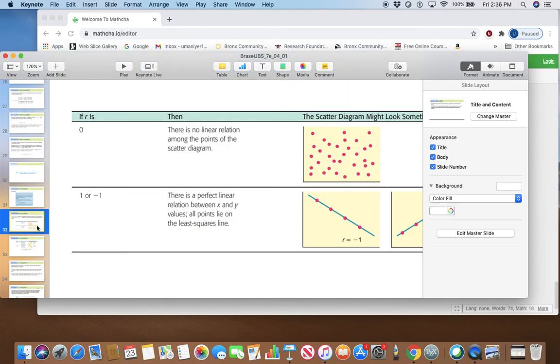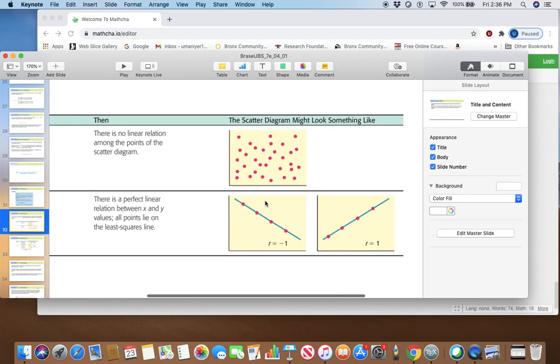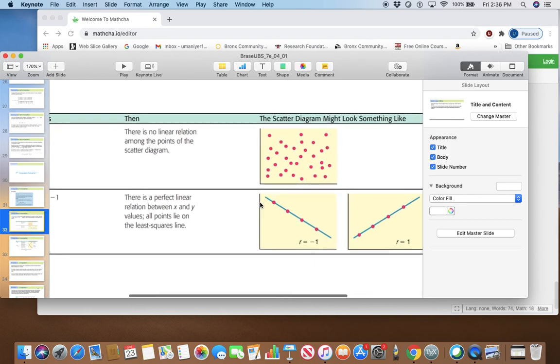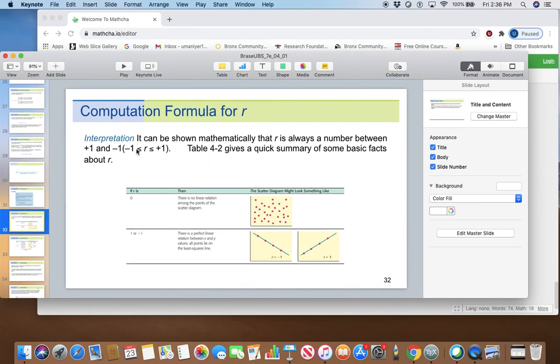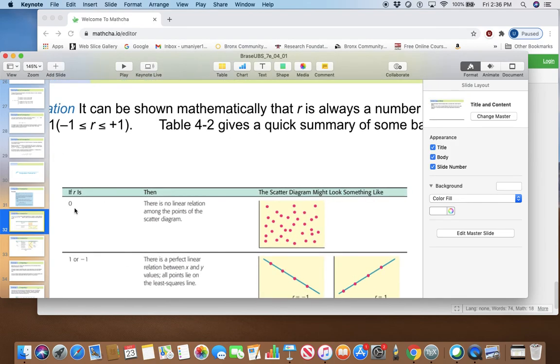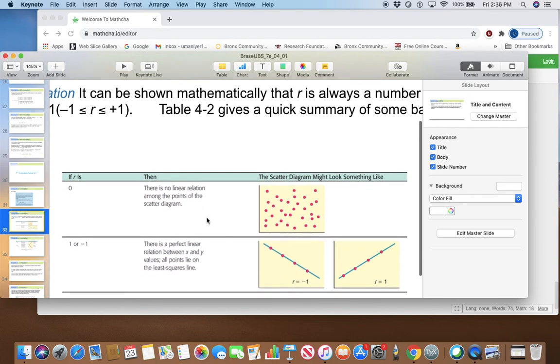All right. Now, once you have such information, you have the possibility of interpretations. It can be shown mathematically that R is always a number between positive 1 and negative 1. Now, here is a quick summary. When R is 0, there is no linear relation among the points, so your points are all thrown around.